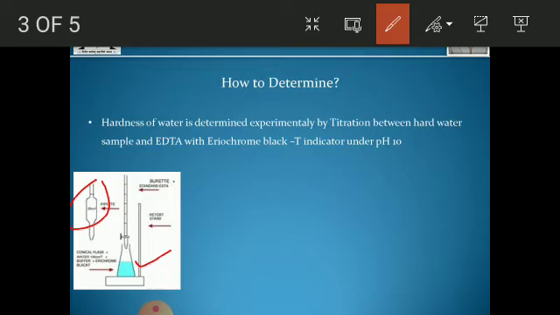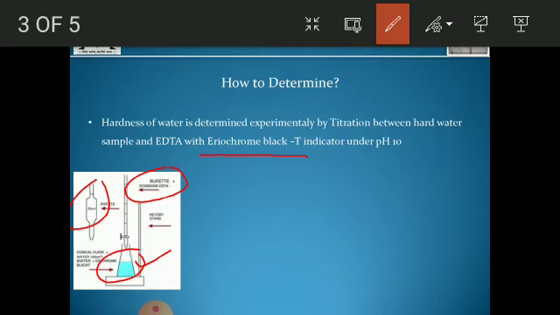And this is a burette. In this burette, we have to add a solution of EDTA of desired normality or molarity. In the conical flask, along with the water sample, we have to add the indicator, that is Eriochrome Black T indicator.